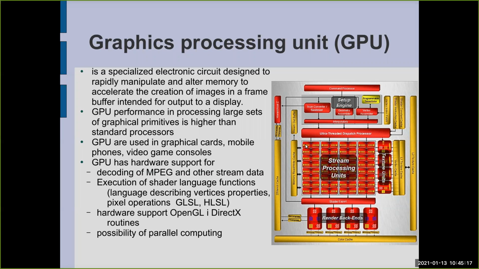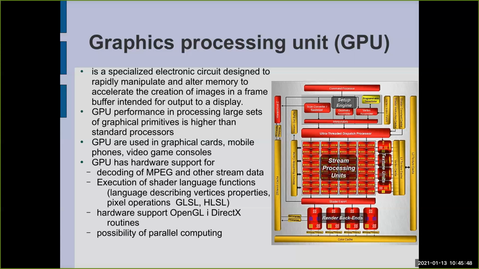In a CPU, we have, let's say, 4, 8, or 10 cores or threads. So we have 4 or 10 processors which are able to perform some operations simultaneously. In a GPU, we have hundreds or thousands of processors.